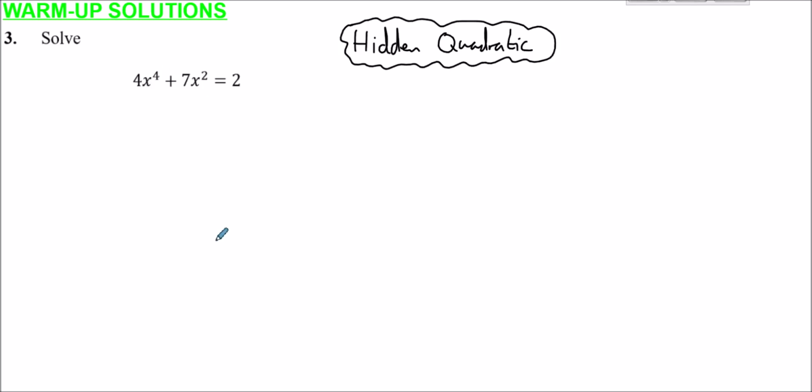There's a few ways of solving these. This is my preferred method I'm going to show you. Make a substitution for the lesser power. So let big X replace x squared.